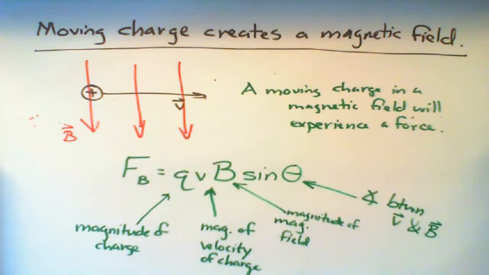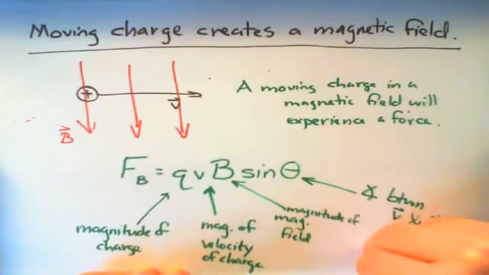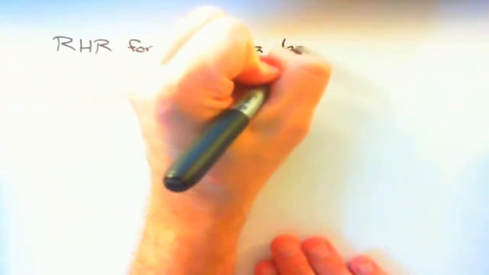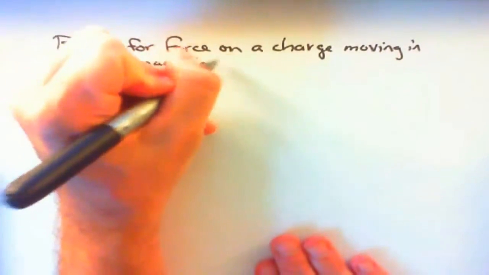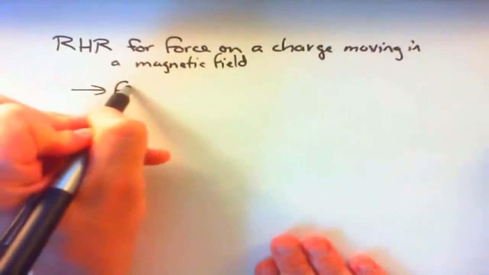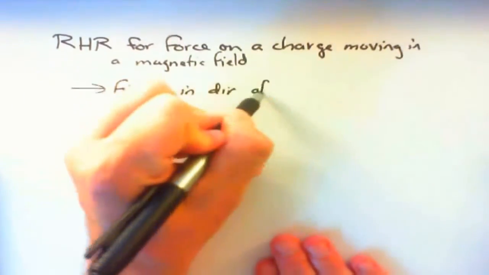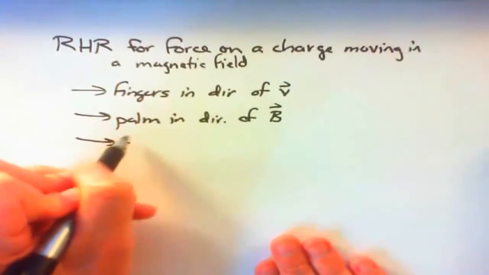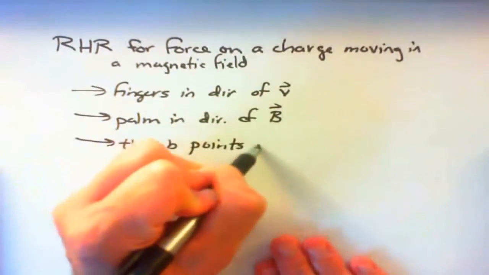We still need to figure out what the direction is. Well, if we want to know direction and we're dealing with magnetic fields, we're probably going to use a right-hand rule. There is another right-hand rule for this. To figure out the direction of the force, you point your fingers in the direction of the velocity of the charge. You point the palm of your hand in the direction of the magnetic field, and then your thumb will point in the direction that the force on a positive charge would be.